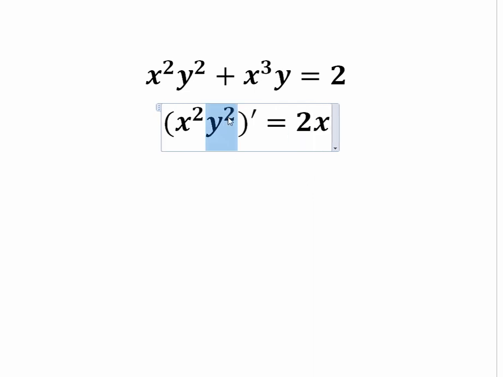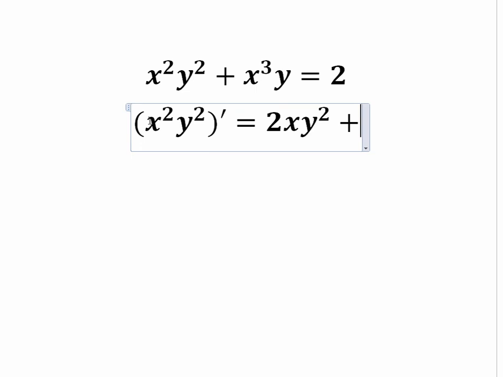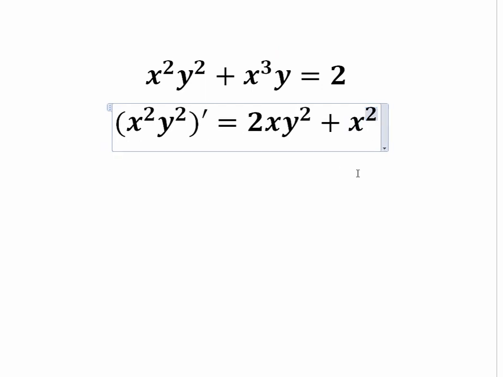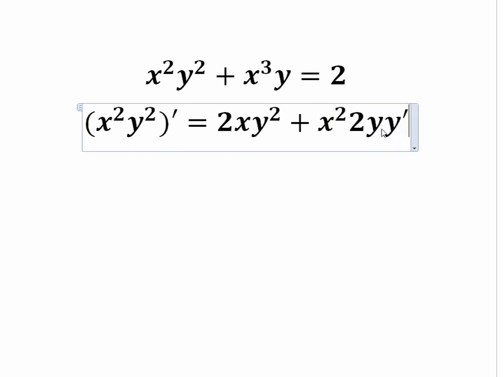So we get 2xy squared, and then plus, leaving the first factor unaffected, x squared is left as it is. So we have x squared, and for y squared we would go implicitly, so that will become 2yy prime. So that's the derivative of this part here.